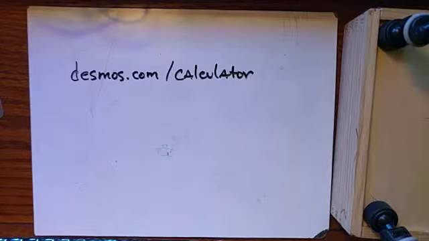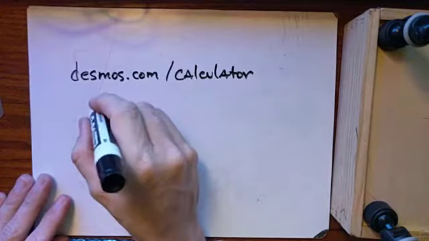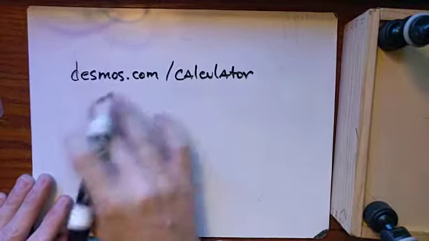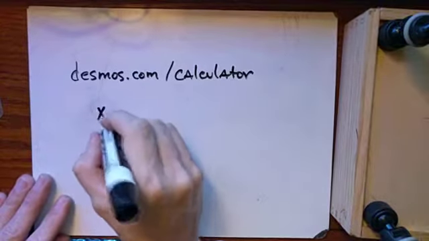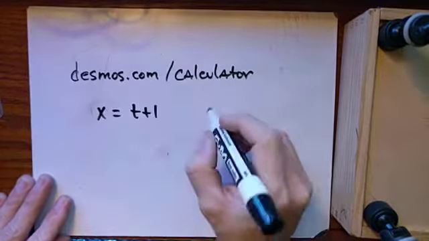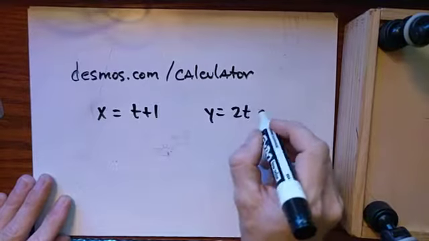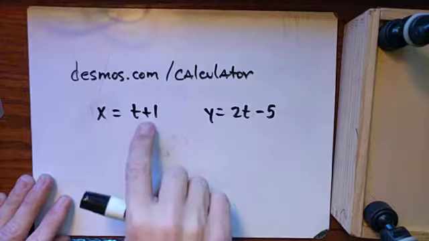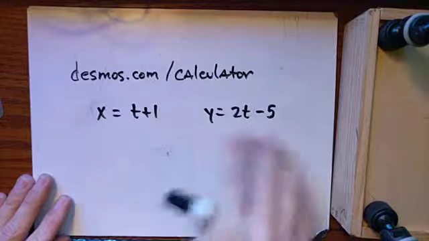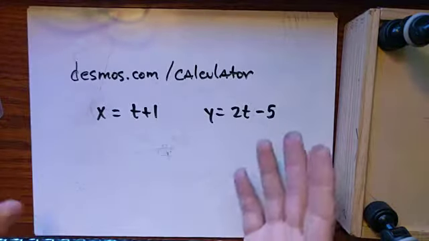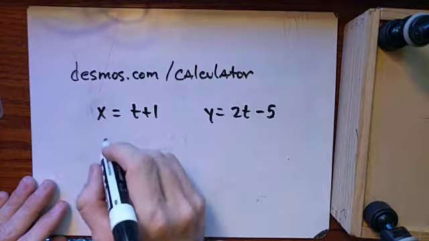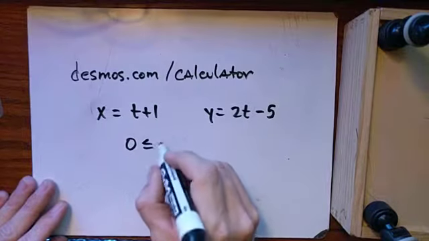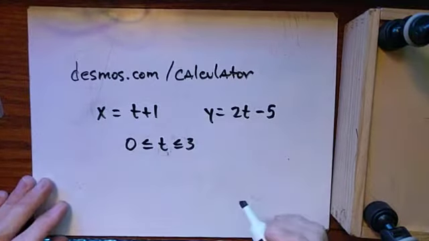So what we're going to do is go back and say we have x equals t plus 1 and y equals 2t minus 5, right? I can't remember if I had plus or minus in the other one, but in any event, let's just say that these are your equations. And we'll let the t's go from 0 to 3, like we did before, okay?